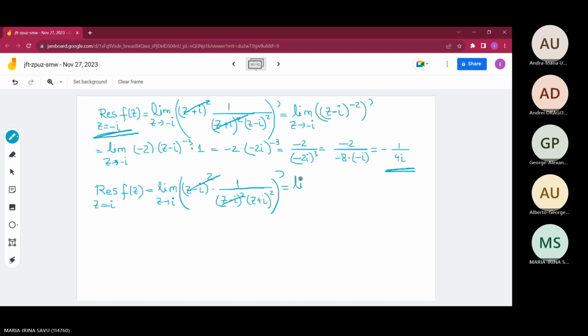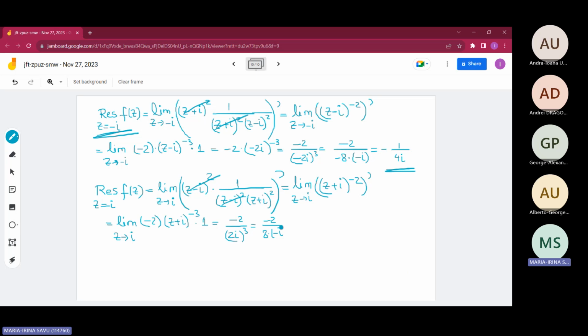We have the limit when z goes to i of z plus i at minus 2, and you have to compute the derivative, which is the limit when z goes to i of minus 2 times z plus i at minus 3 times 1, which is minus 2 over 2i at the power 3, which is minus 2 over 8 times minus i, which is 1 over 4i. Okay, so this residue is 1 over 4i.